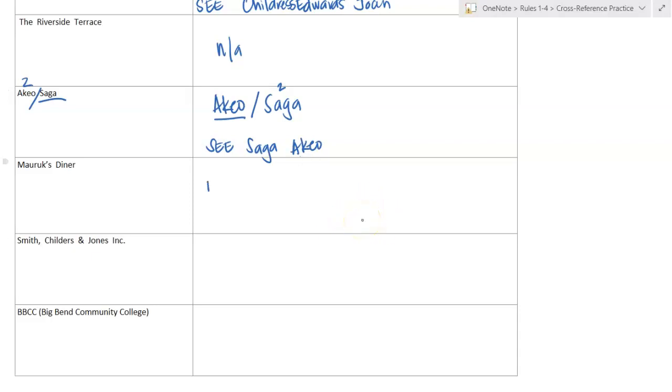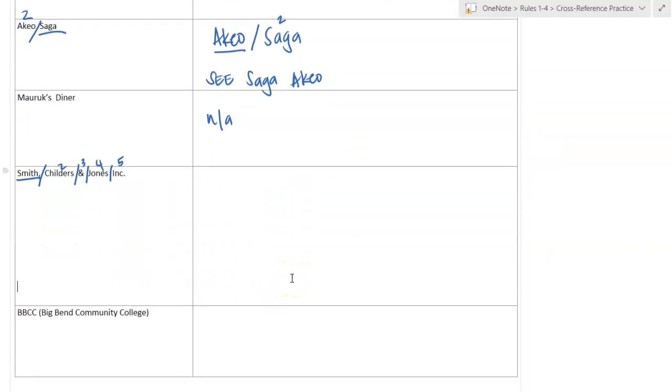Okay. We don't need to do a cross-reference for Maurick's Diner, but for this one we have Smith, Childers, and Jones, Inc. So this is a compound business name. Our original would be filed under Smith. Key unit is Childers. We have and, then Jones, and then Inc. So our first cross-reference, and I'm going to see if I can make this a little bit bigger because I will need to create 2, is going to start with Childers.